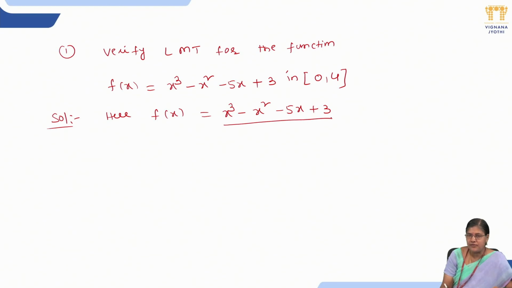Clearly, this function f of x is a polynomial function. We know that every polynomial function is continuous and differentiable.